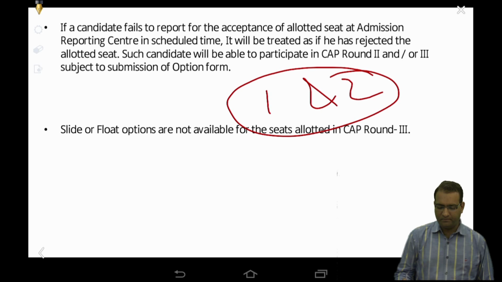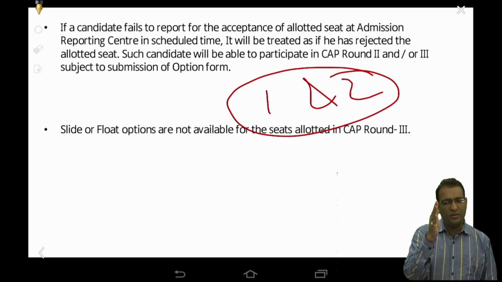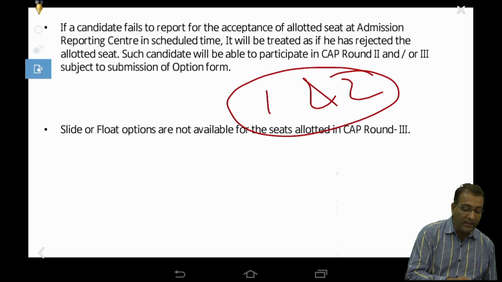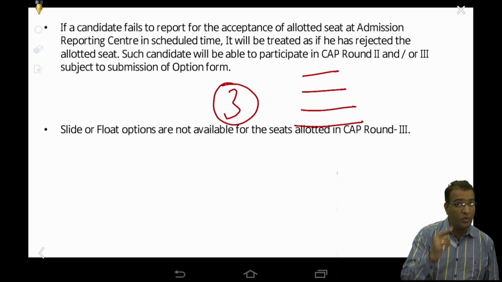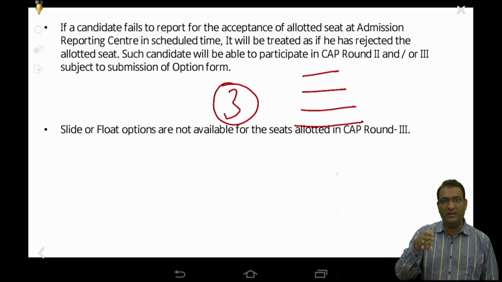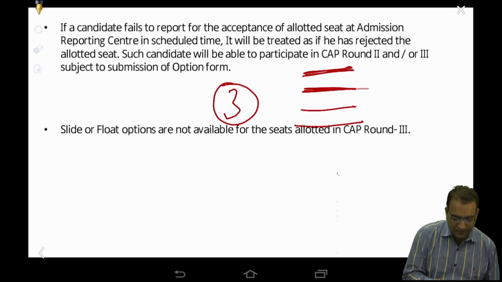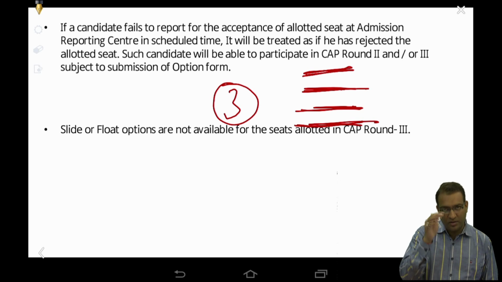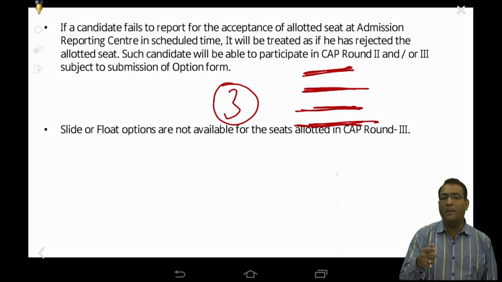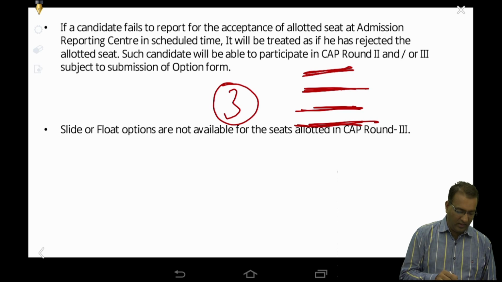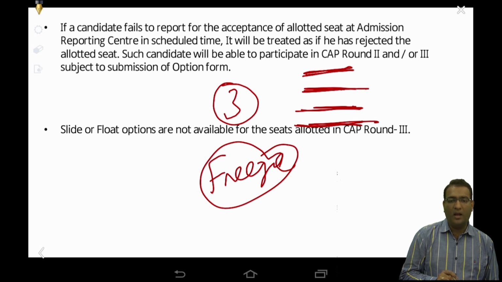It doesn't matter, all 300 colleges, whether you go or don't go, it doesn't matter. You have understood the process. But in cap round 3, please mention only those colleges, because you can change your option form every time. So in cap round 3, please fill only those colleges in your option form which you want to get into. Otherwise, it will become compulsory. It will be only freeze. I hope this is clear.